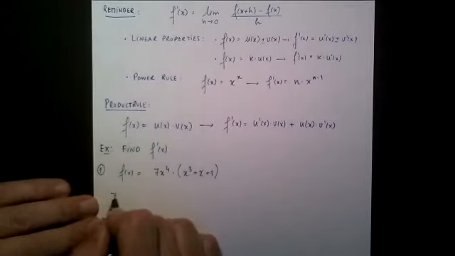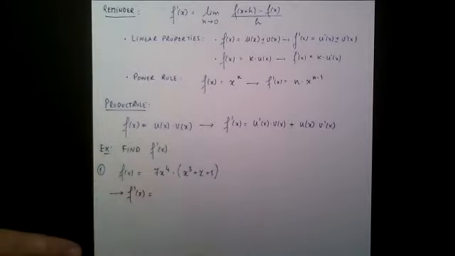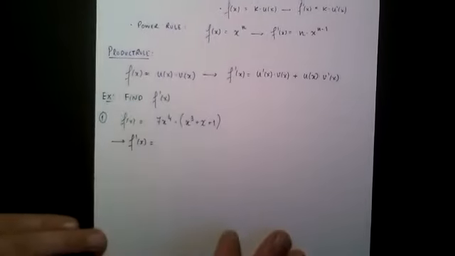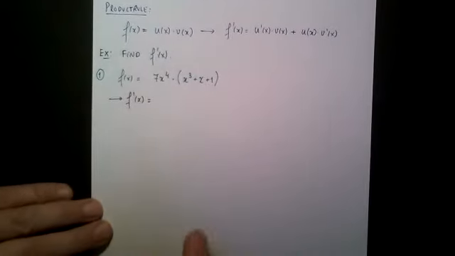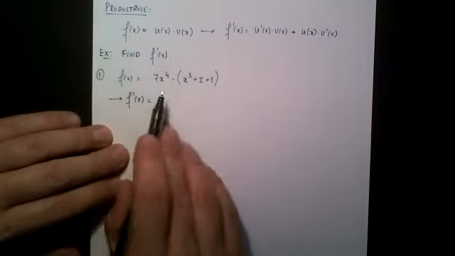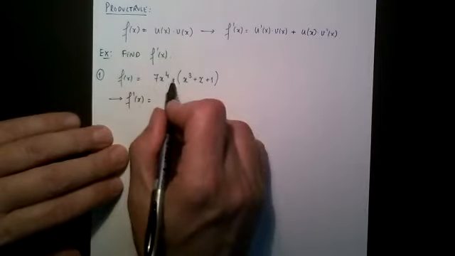Okay, so how do we find f prime of x here? Okay, so this is u of x, this is v of x, because I recognize a multiplication here.